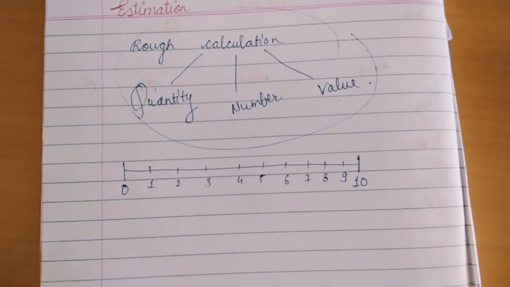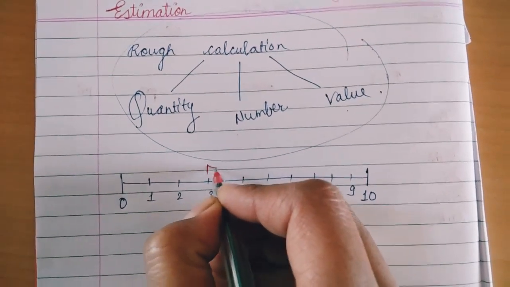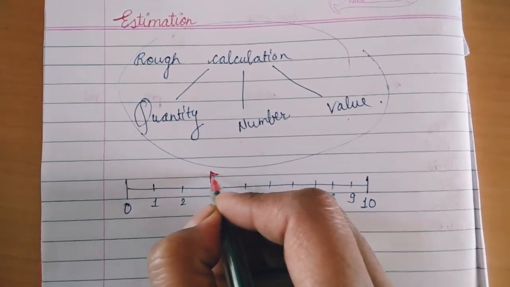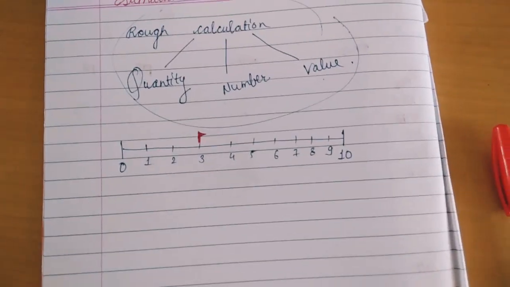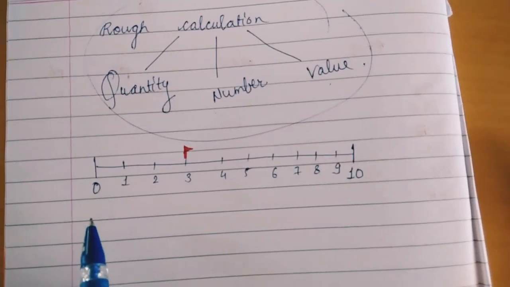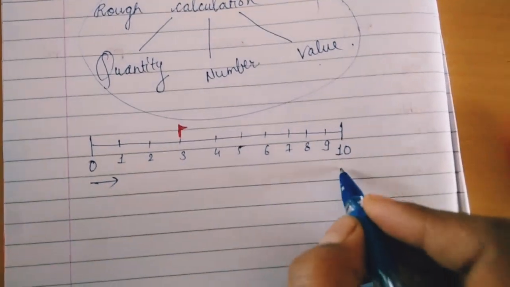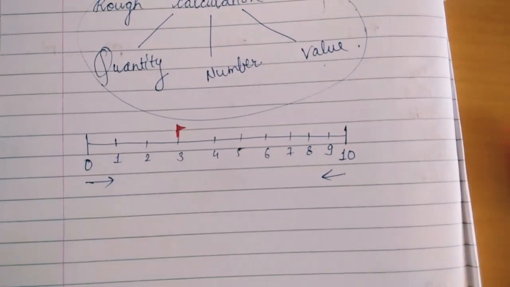If I put a flag on 3, from where is our flag nearest, from 0 or from 10?